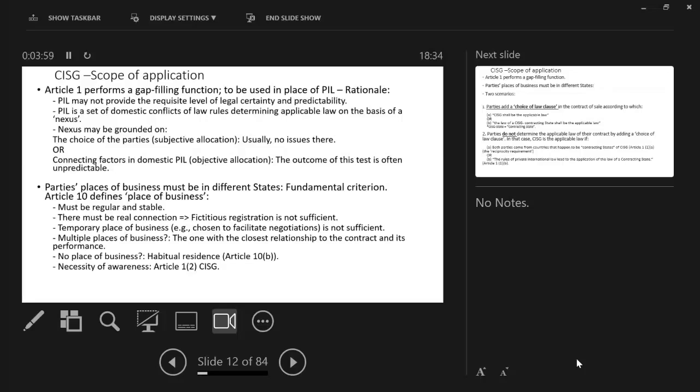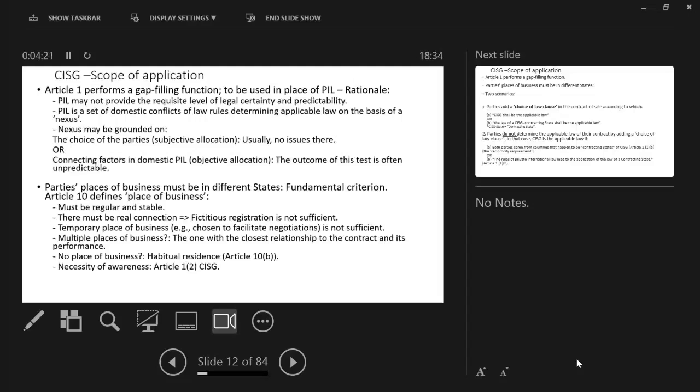And if you think about it, this goes directly to that idea of enhancing predictability, reducing costs, increasing certainty to enable the standard contract to make transactions easier between parties.